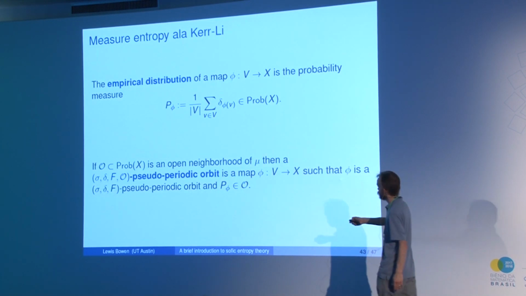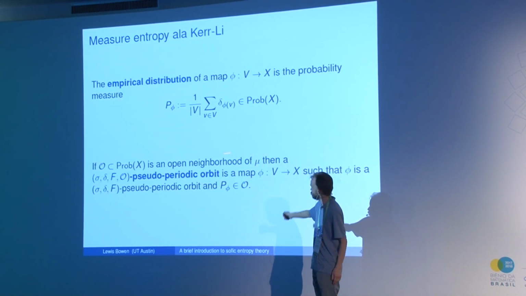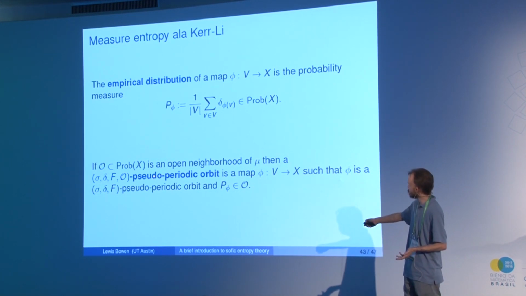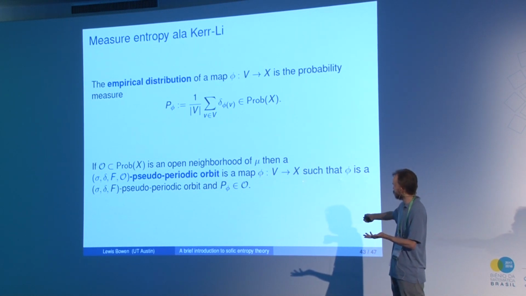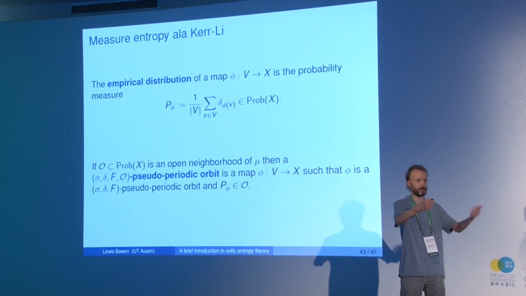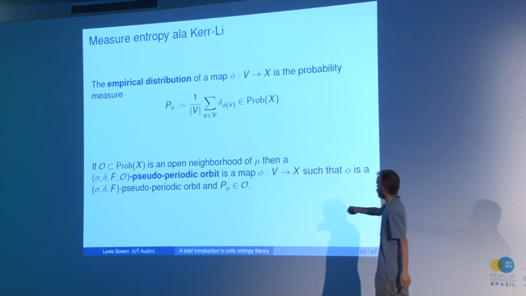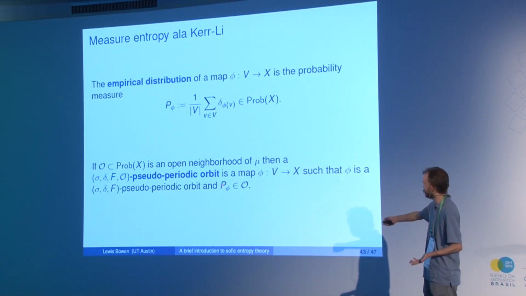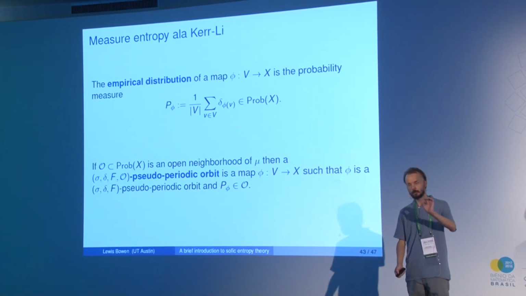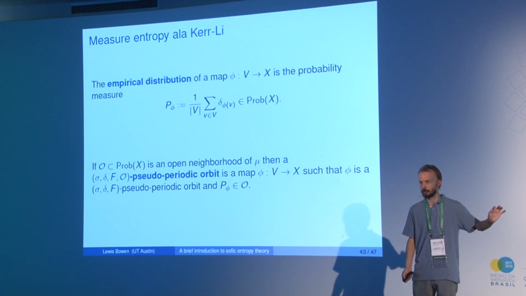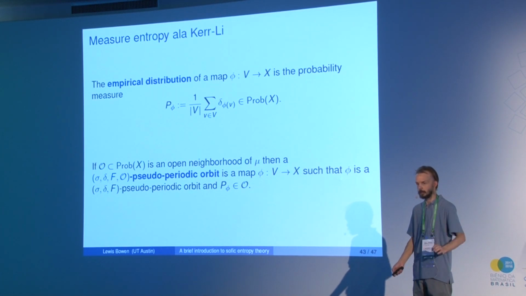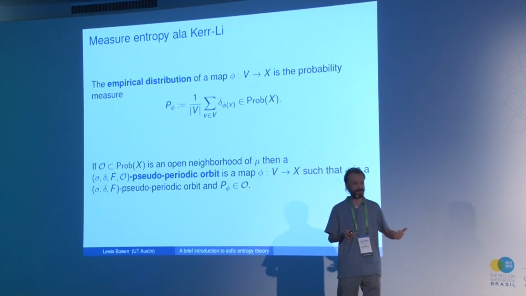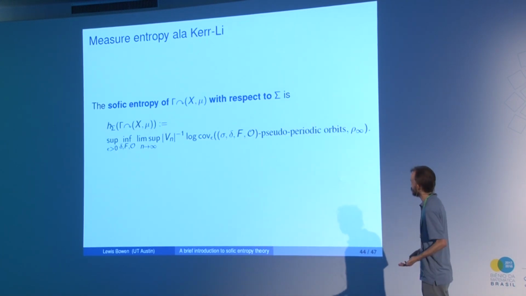Okay, now if we have some open neighborhood of a fixed measure, mu, then we will say that a map is a good pseudo-periodic orbit with respect to all of these parameters if it's a pseudo-periodic orbit in the topological sense mentioned before, and its empirical measure is close to the target measure, so it has to be in this open set. Okay, so we're just adding parameters. That's all that we have to do.